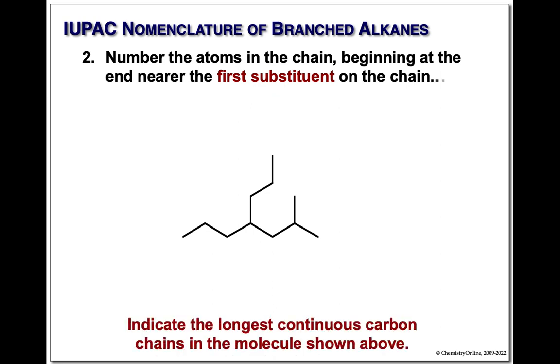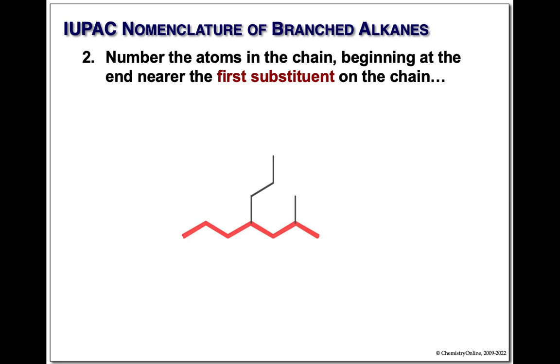So this is going to be carbon 1, 2, 3, 4, 5, 6, 7. That works too. Let's just take this one and we'll number it this way. This way our first substituent is on carbon 2.